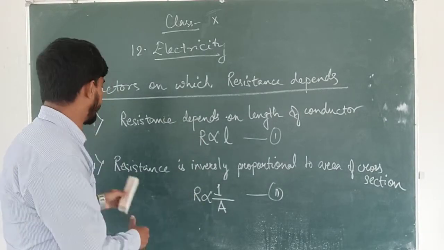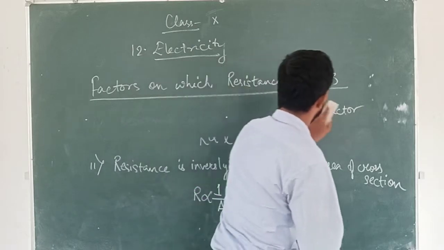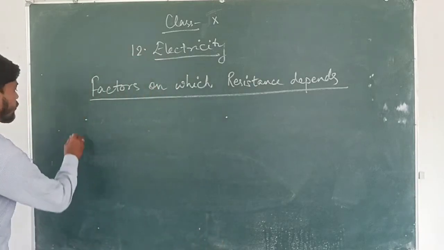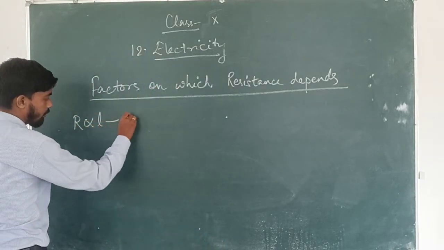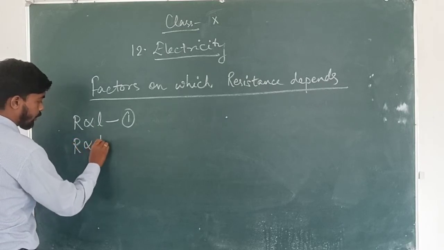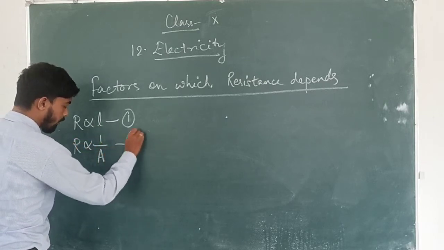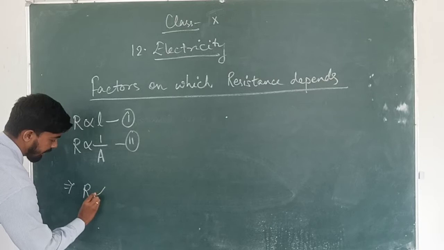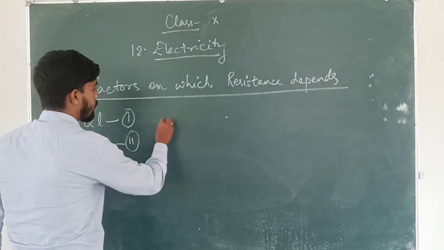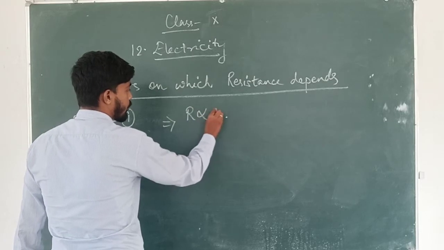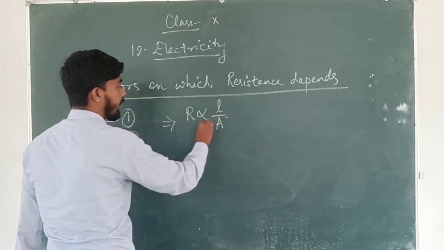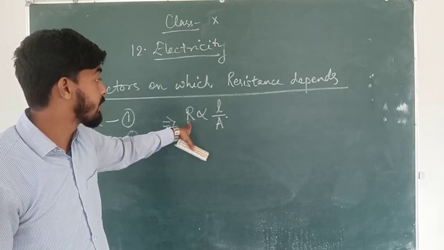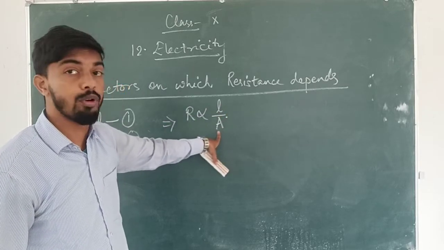So we got R proportional to L, and R proportional to 1 by A. Using these two, we can write R is proportional to L by A. Resistance is directly proportional to the length and inversely proportional to the area.